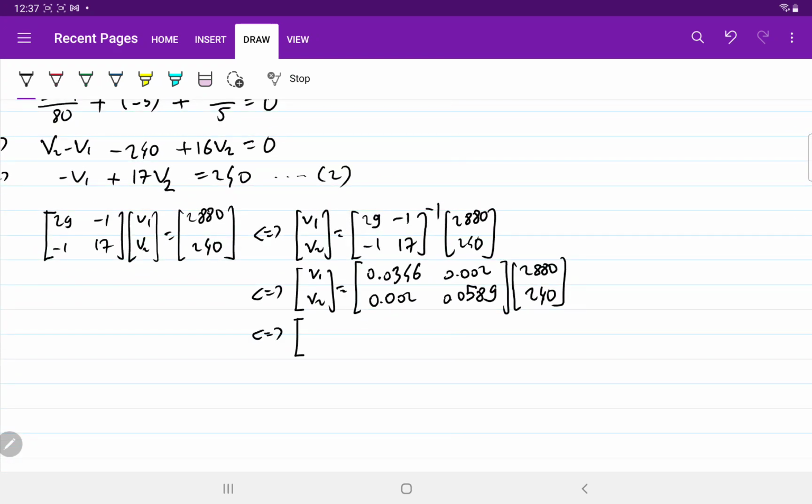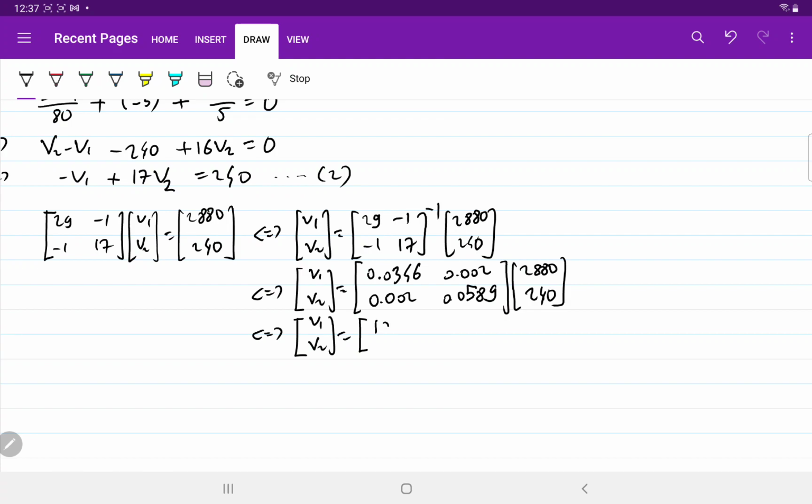And you will get, so 0.0346 multiplied by 2880 plus 0.002 multiplied by 240, that will give you V1. The same thing, 0.002 multiplied by 2880 plus 0.0589 multiplied by 240, and you will get V2.